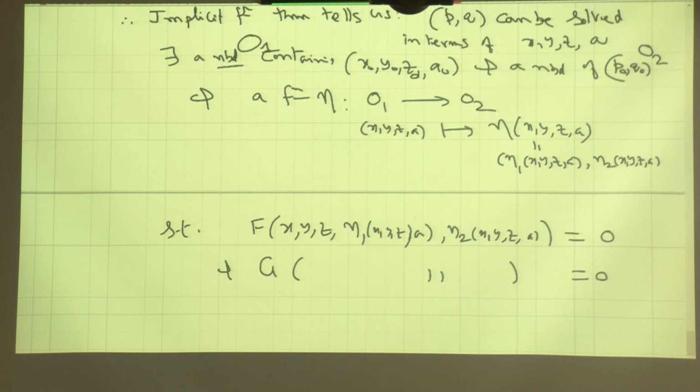Okay? So in other words, I have solved P in terms of the rest of the variables, Q in terms of the rest of the variables. Because I have used a G featuring A, I now have a one parameter family here, right? Because it depends on A also.